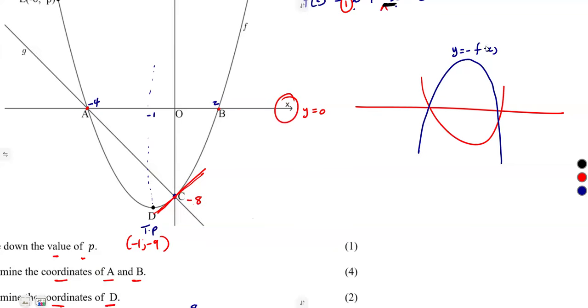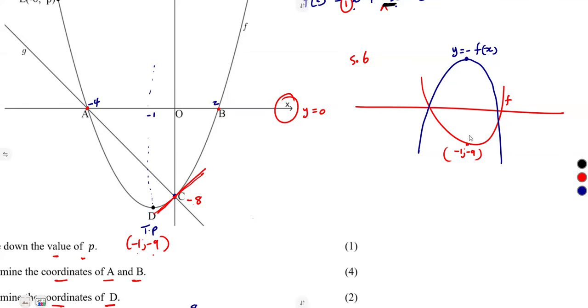So remember that when we are referring to the range, we are referring to the y values. The original function, our f of x, had its turning point at (-1, -9). So what about for y is equal to minus f of x?